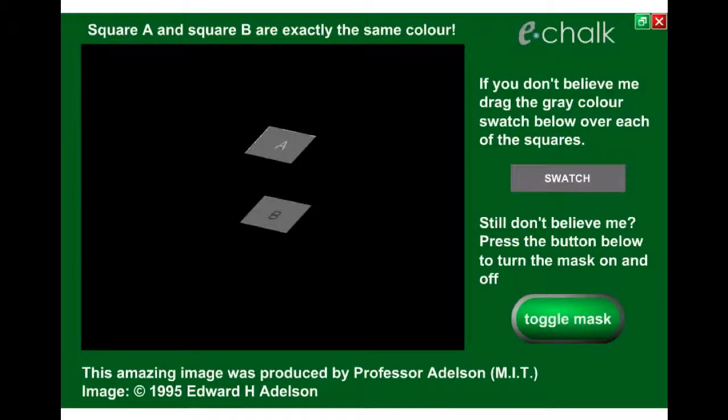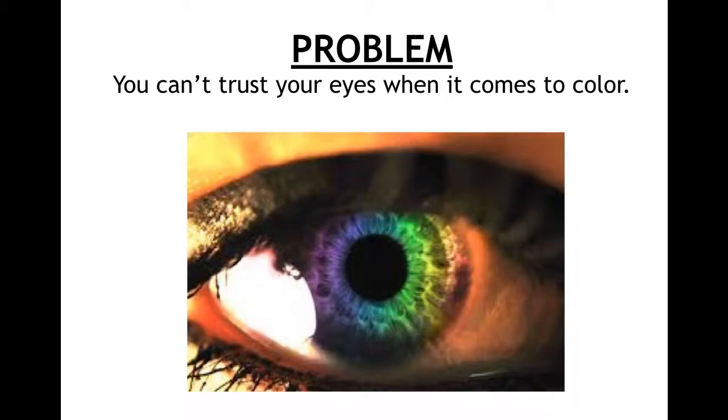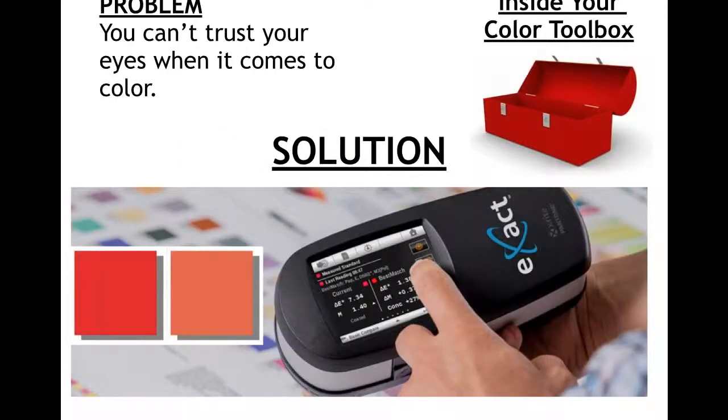So this is just an illustration to show you that you can't always trust your eyes when it comes to color, as good as your eye is at evaluating color. So instead, what we recommend is that you invest in a measuring instrument like the one shown here. That would allow me to measure those two grays or these two reds and get a definitive number that tells me how different the two colors are.